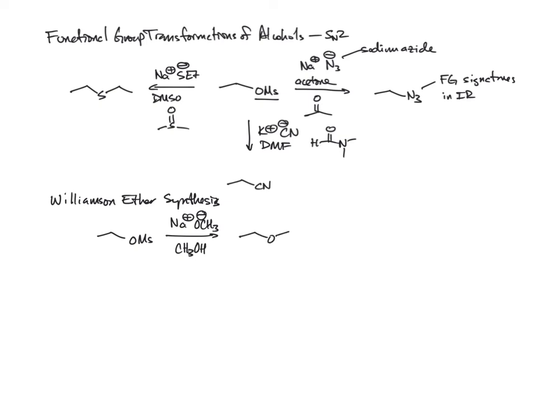So we would end up with this compound, which is ethyl methyl ether. In the Williamson ether synthesis, you basically have some electrophile bearing a leaving group, then a nucleophile that has an oxygen nucleophile, and we're ending up with an ether.